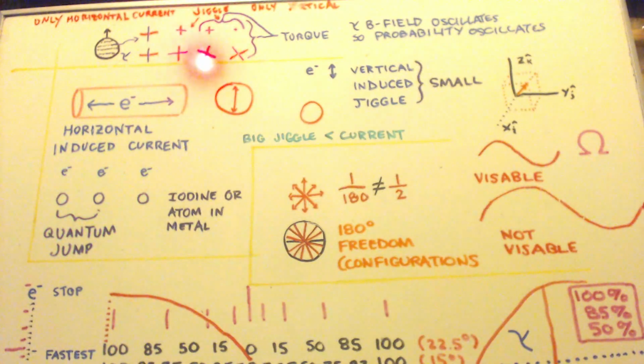They transfer it into the vertical, but it depends on how much vertical power, or force, they have. Like this one right here, the more it's vertical, the more it can translate its force, or induced jiggle, into the polarizer.